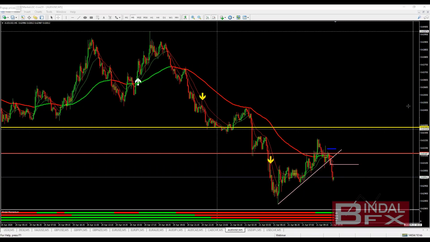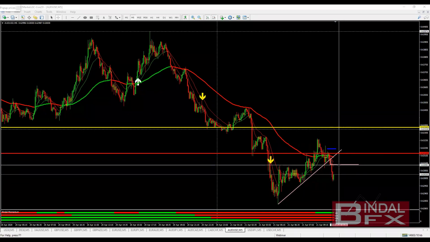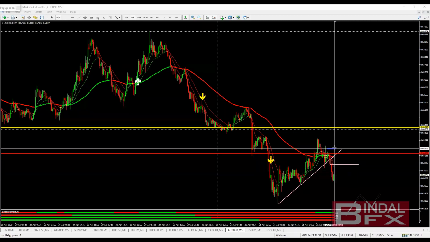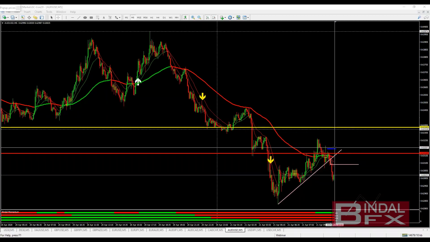So if I'm short and I want to buy back my trade, is there a break of resistance? No. So my stop has to be at a point where resistance has broken. And it's the inverse for longs. If I'm long, my stop has to be where a support has broken.